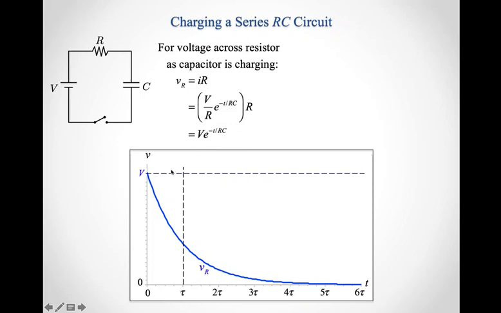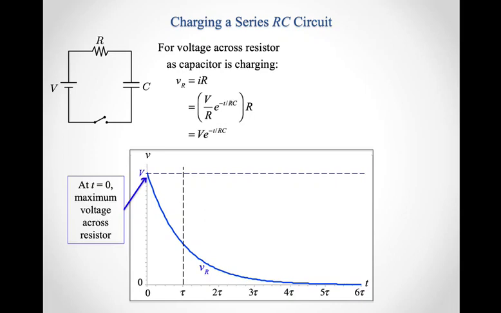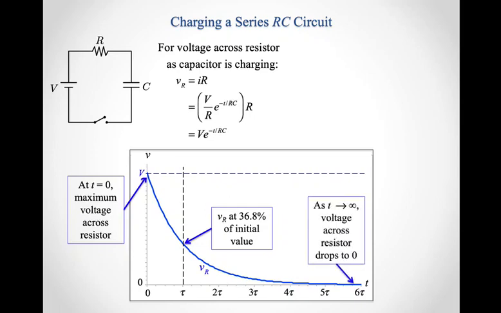And so I can plot that out, and again what I see is at t equals 0, the voltage across the resistor is at its maximum. But it will also decay just like the current. And in fact, it's decaying precisely because the current is decaying. After one time constant, the voltage across the resistor is down to 36.8% of its initial value. And then when you wait long enough, as t approaches infinity, the voltage across the resistor drops to 0.